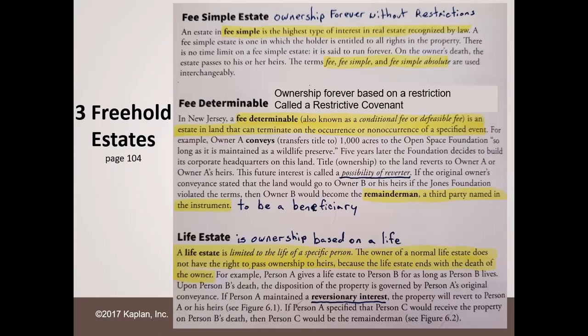If they find out later on that you're using it as a gas station, or a gas station from a competitor, they could take you to court, and then you have to turn the ownership back over to them, and they pay you nothing for it because you violated the terms of the sale, which you were perfectly aware of. You were aware of it because it was written in the deed itself. So the possibility of you losing the property this way, only in the event that you violate a restriction, is called the possibility of reverter.